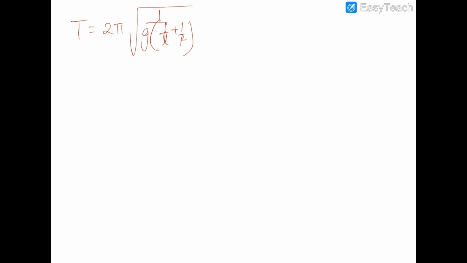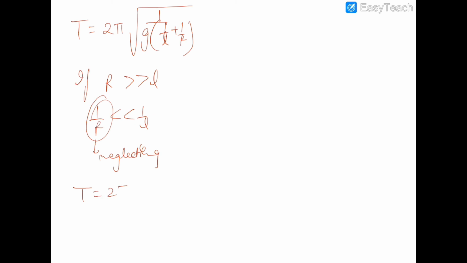Now if r is very much greater than L, which means that in a practical pendulum, which is a pendulum on Earth, the length of the pendulum string is very much less than the radius of Earth, so 1 upon r would be very, very less than 1 upon L. Therefore, we can neglect 1 upon r. So T would be equal to 2 pi under root of L by g.